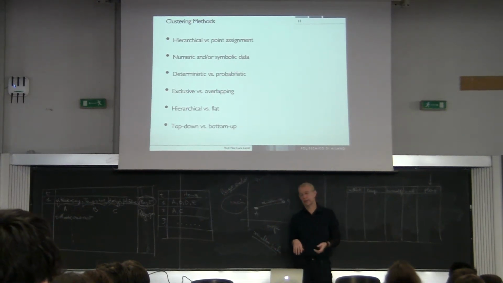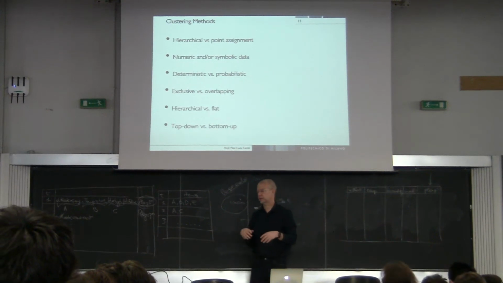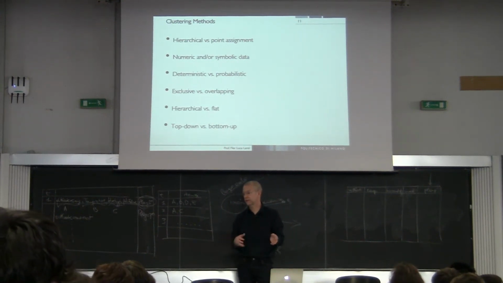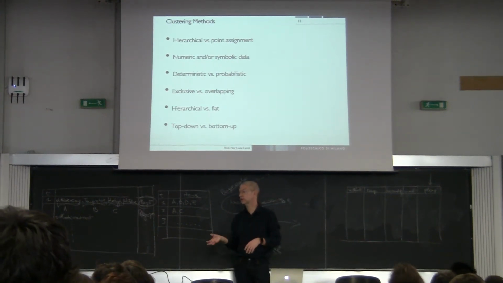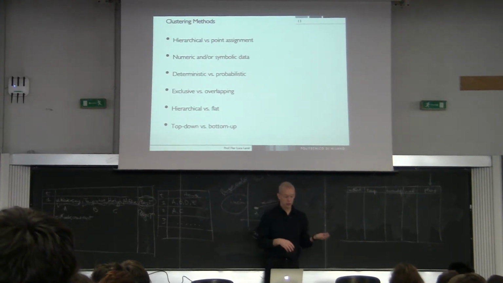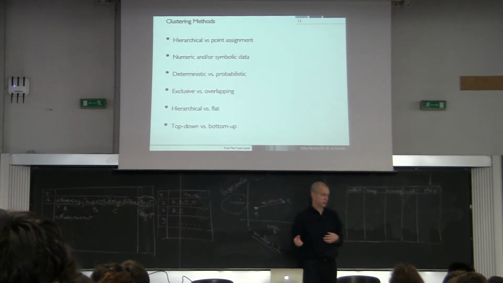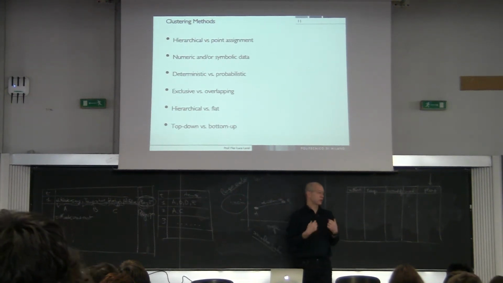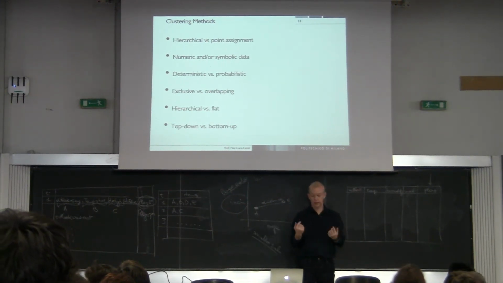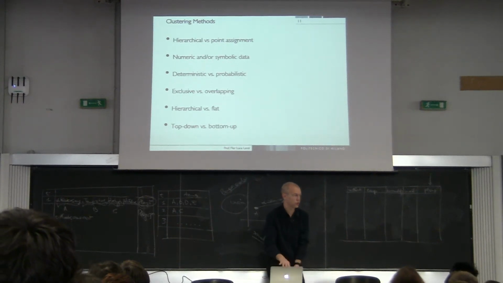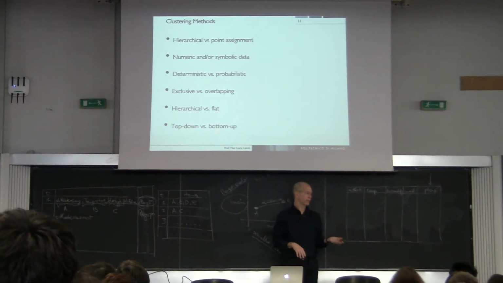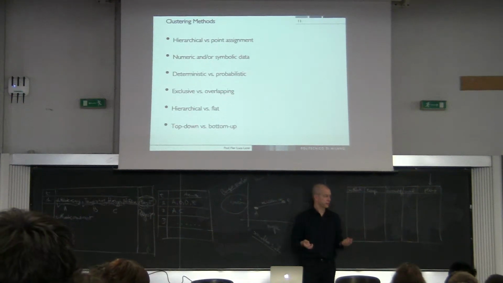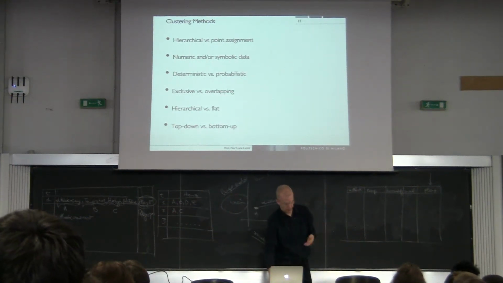Or it could be probabilistic, like Pieruca has a pattern that is 80% probability to be in the family group, 20% probability to be a single guy. It could be exclusive or overlapping, which is kind of connected to deterministic or probabilistic. You can assign me to one group, like Apple users, but you can also assign me to Apple users and Linux users, okay? It could be hierarchical, flat, top-down, and bottom-up.